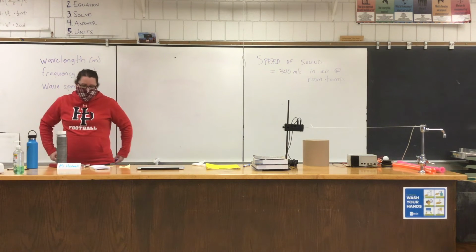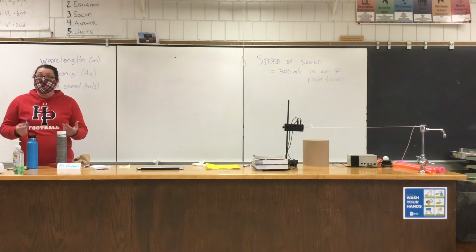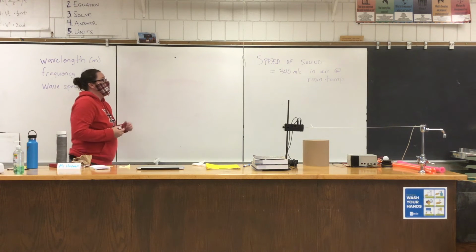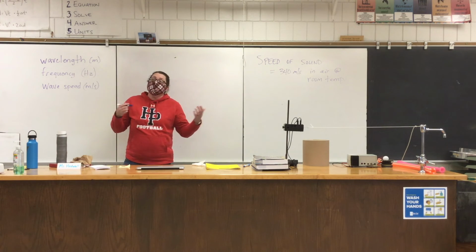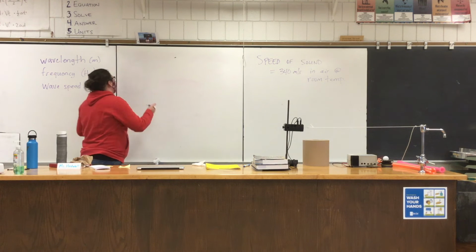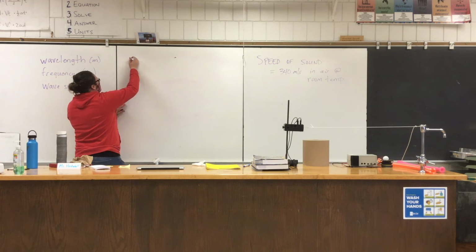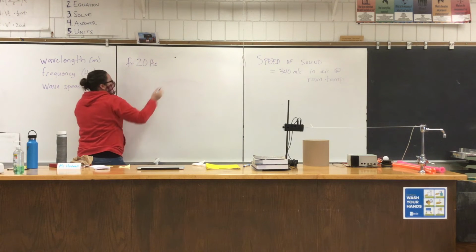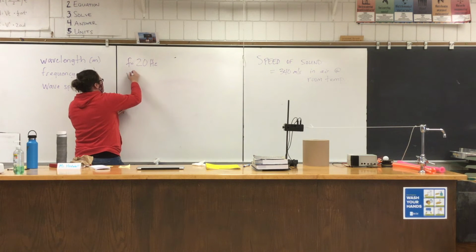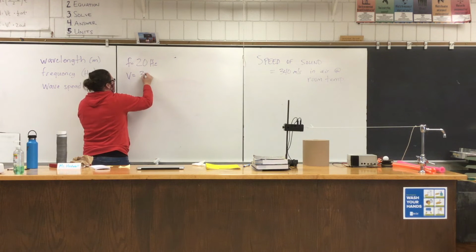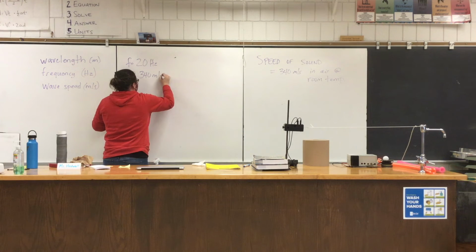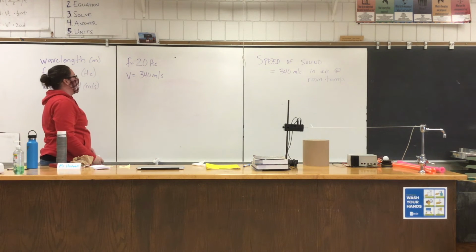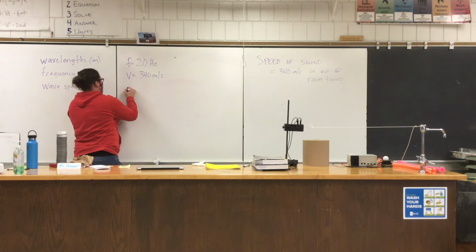So, things to think about with this. Let's take that range that we have and look at the way that would show up in the way of wavelength. So if we have, let's say, our frequency equals 20 hertz, we know our speed of sound based on this equals 340 meters per second, and then we're going to solve for the wavelength here.